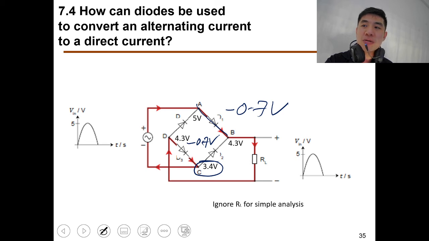The output later on will be lesser. This new output here will be 3.4 volts, minus 2 times 0.7. Make sure you get this right. You must know this part, it's very important, including the labeling. This is for the practical diode or simplified diode model.